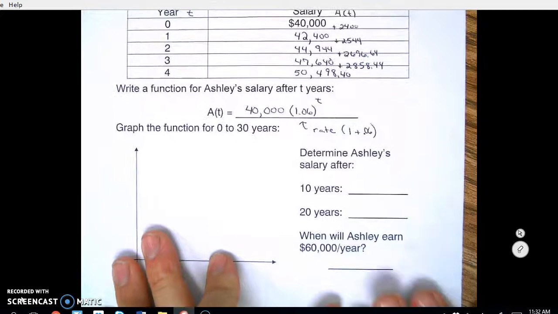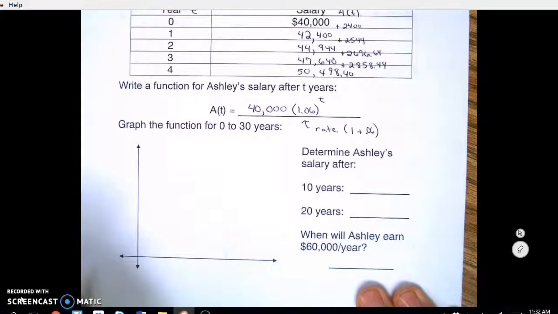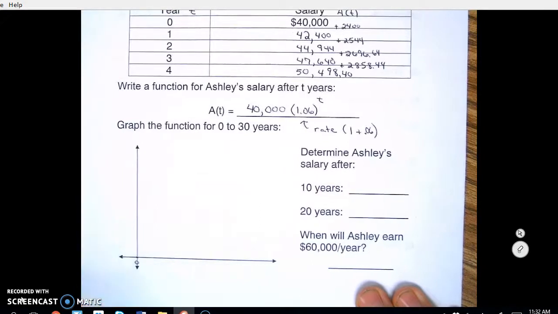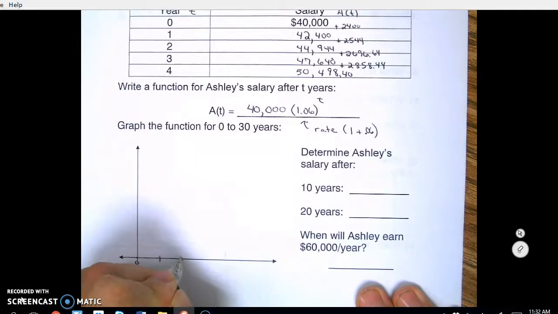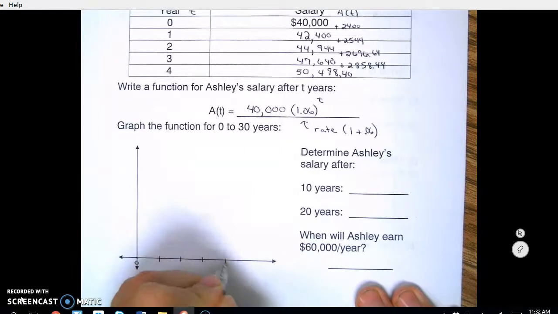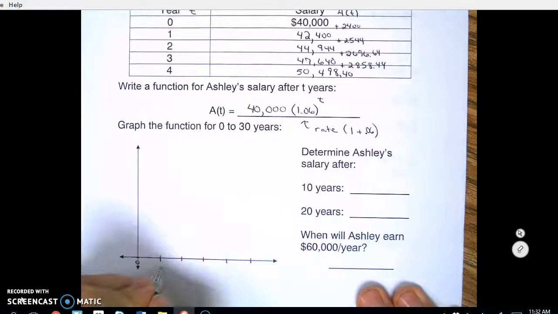Okay, so it says graph the function for 0 to 30 years. So obviously time is going to go down here, starting off with 0. I'm going to go ahead and go by 5s. You could go by ones.